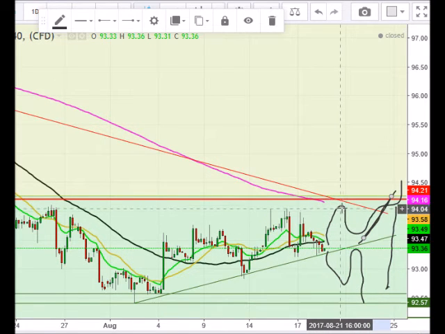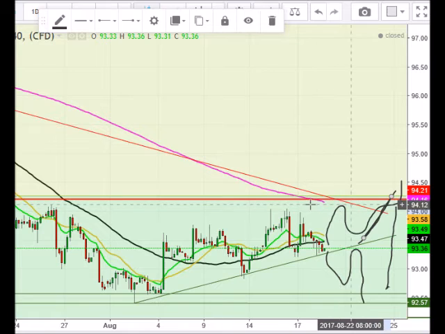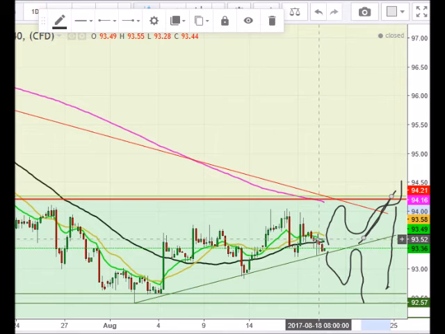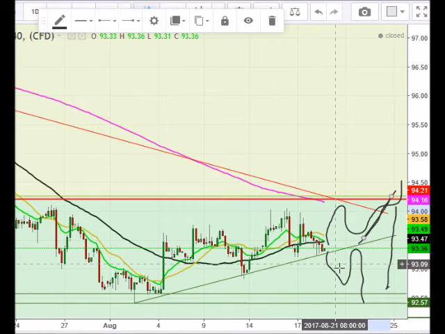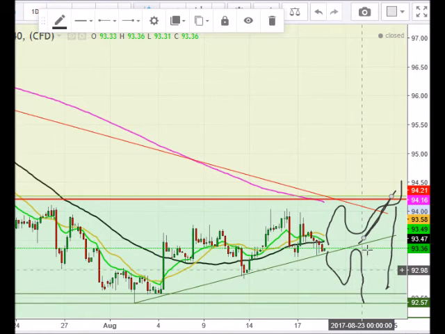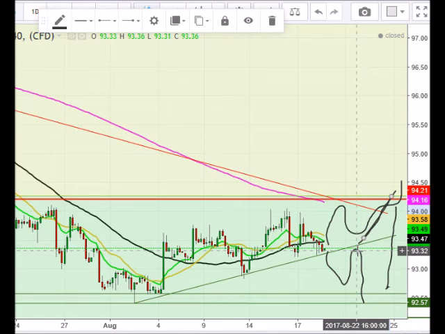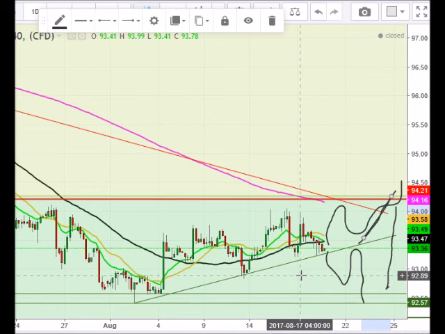So either we hold the wedge and continue up and challenge this Fibonacci level again, and then deal with this trend line as well as this 200, and then fly up, or we see price try to bounce but fail, come down and test these lows, bounce up to try to retake this, or break below and still head down to that 91.80 level. So that's what I'll be looking for in the US dollar.